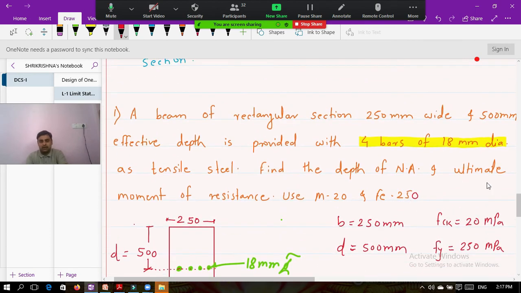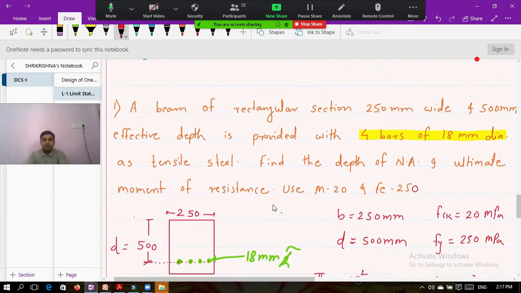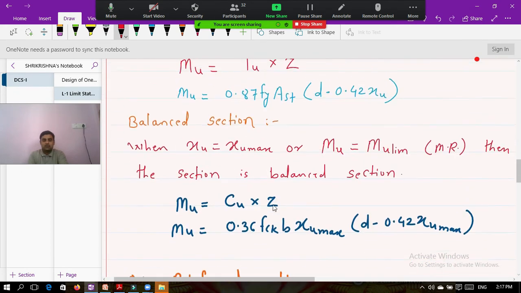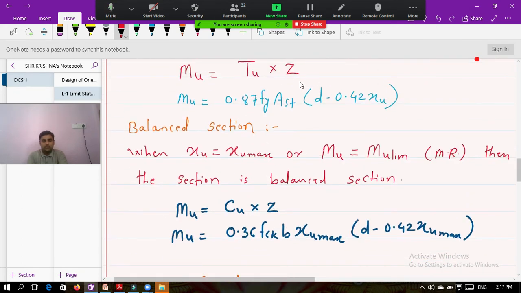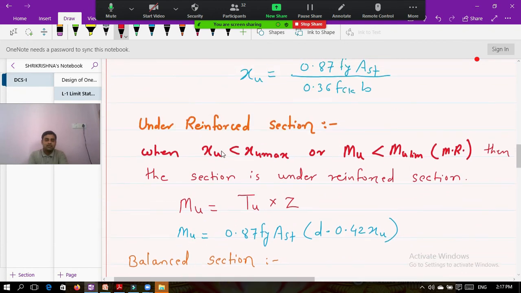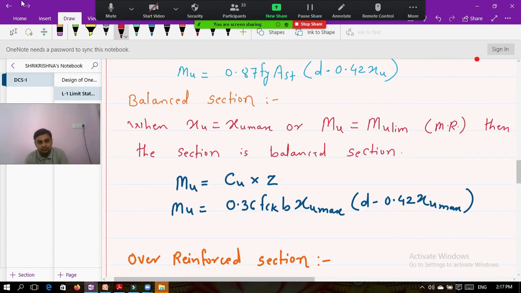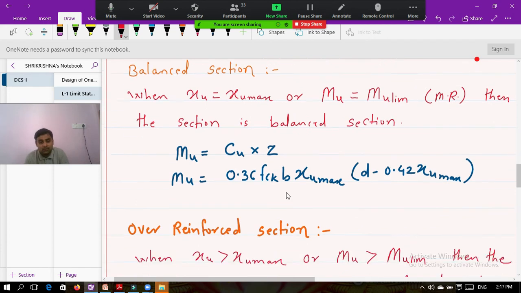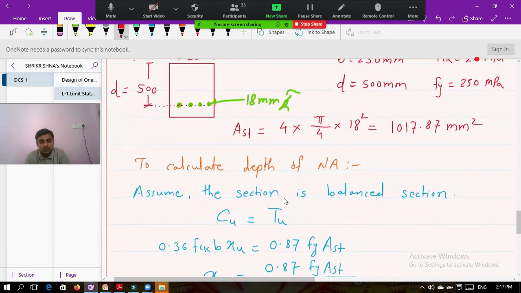Then second, the ultimate moment of resistance. To calculate the ultimate moment of resistance, we have these two formulas: Mu equal to T into Z and Mu equal to C into Z. But the important thing is, we need to determine whether this section is a balanced section, an under reinforced section or an over reinforced section. So our first job is to compare.